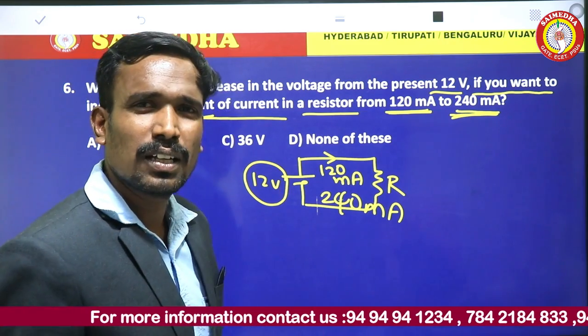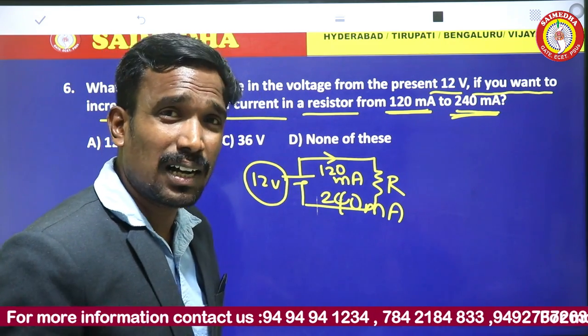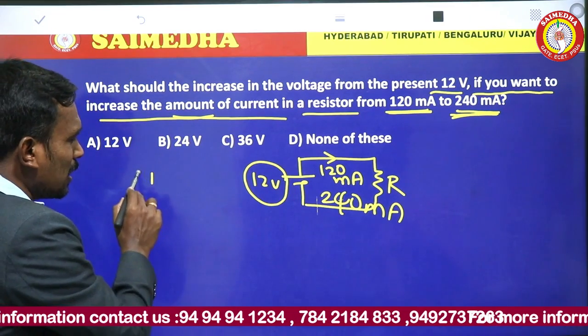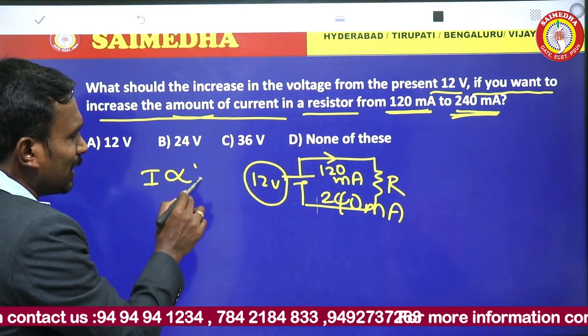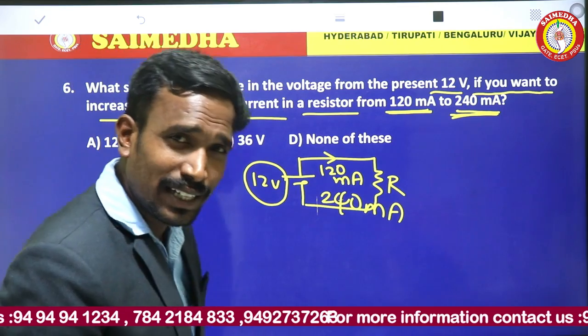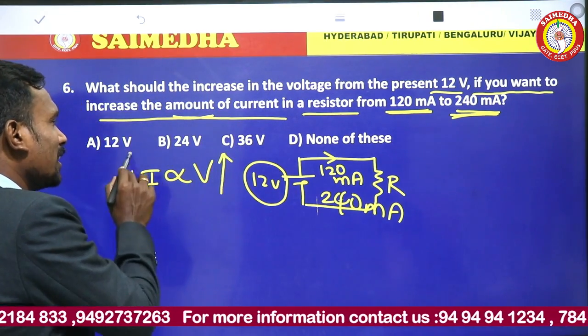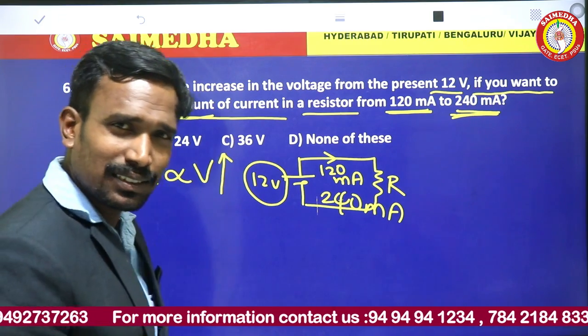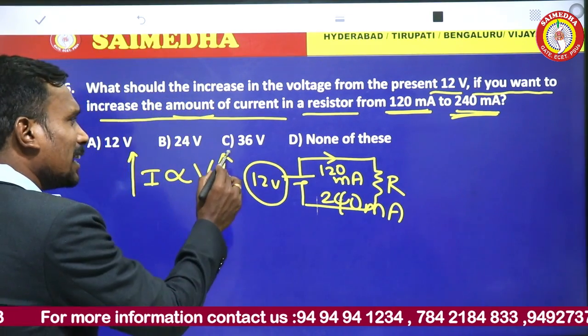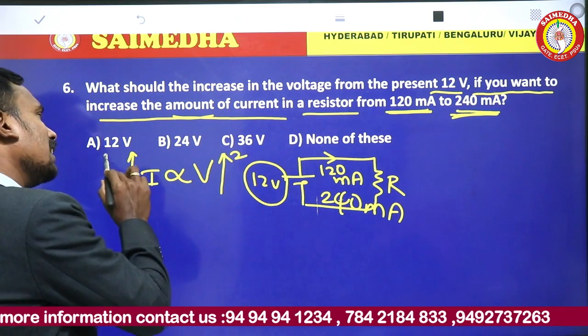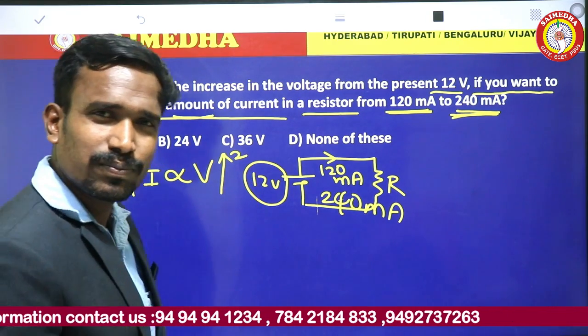Very simple. According to Ohm's law, the current is always directly proportional to voltage. If voltage increases, current also increases. If the voltage doubles, then current also doubles.